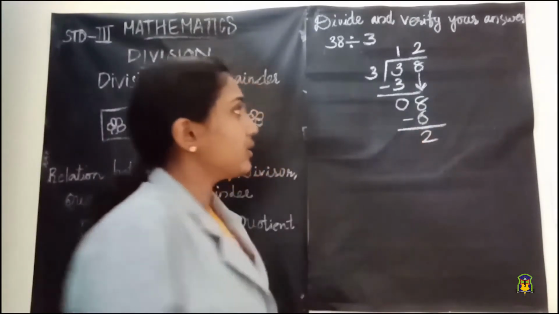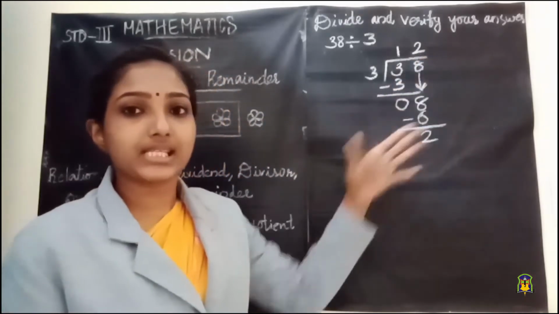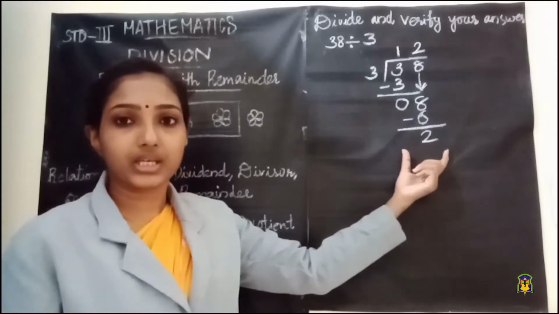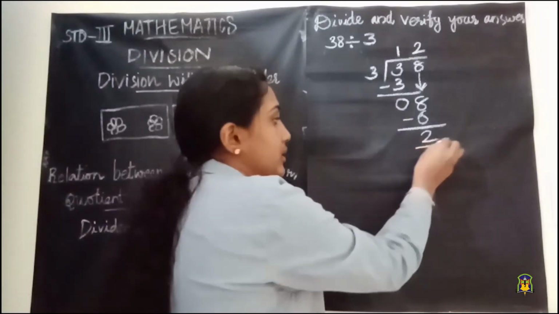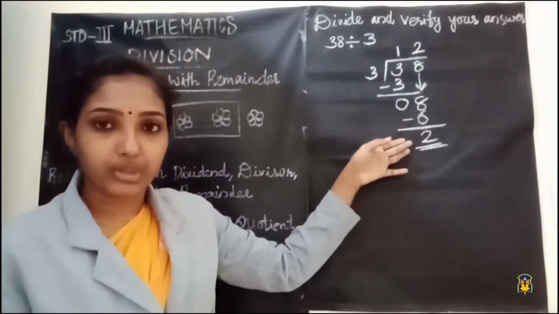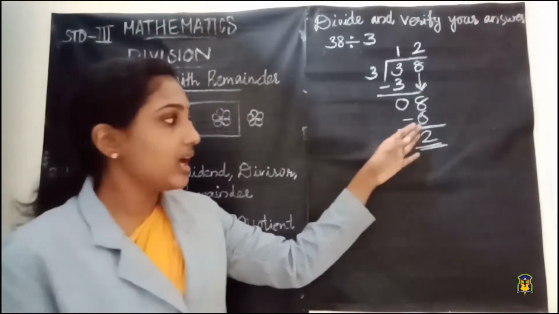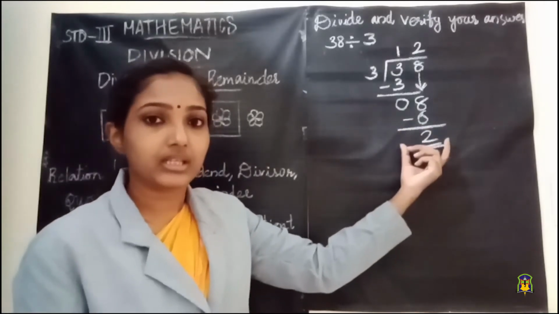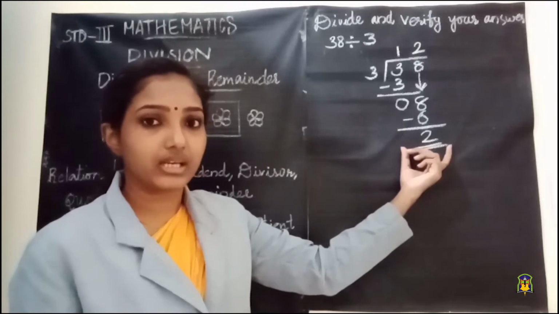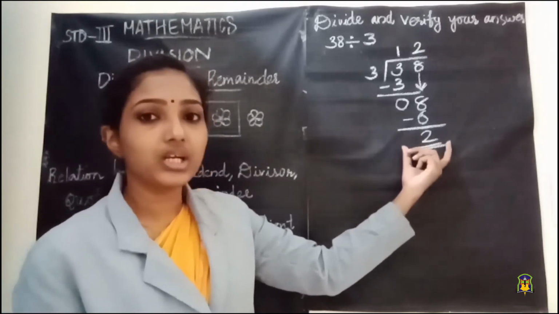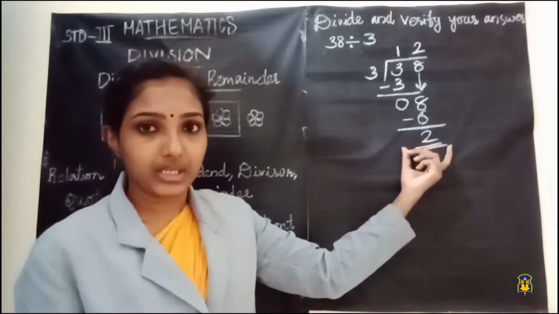Now look here, no more digit is there to bring down and we have a remaining number, so we can stop our division here. The number that is left over in a division is called our remainder. So here 2 is the remainder.